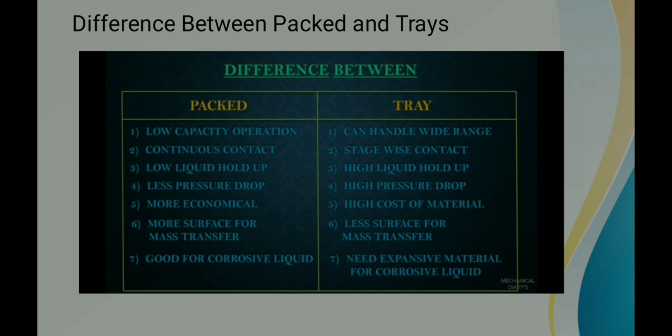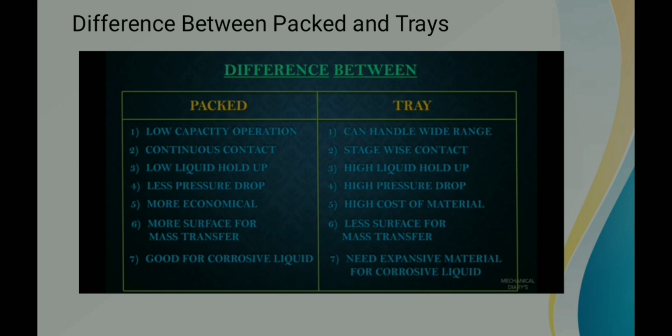And as everyone knows, a packed tower has more surface for mass transfer, while a tray column has less surface area for mass transfer. This is because the packed column is fully covered inside the vessel, with structured packing and random packing as well. But the tray has gaps between for the liquid to flow.